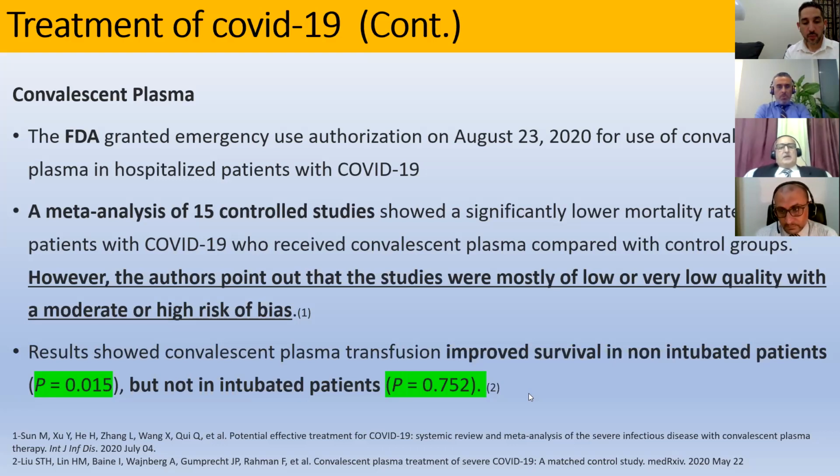But again, the authors found that most of these studies are of low or very low quality with a moderate or high risk of bias. And they found that convalescent plasma transfusion improved survival in non-intubated patients compared with intubated patients.